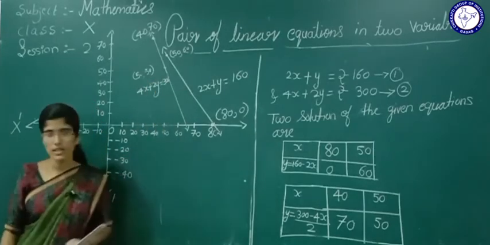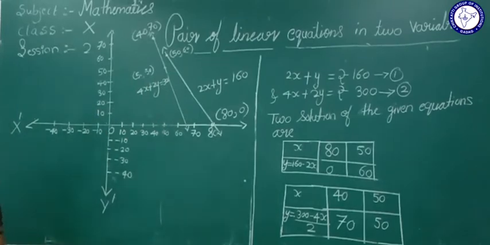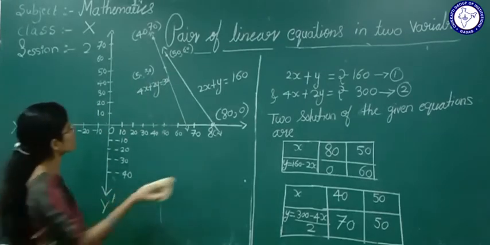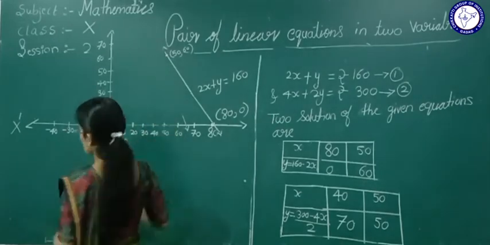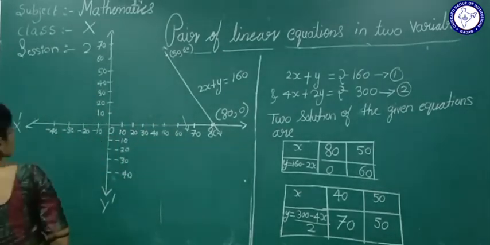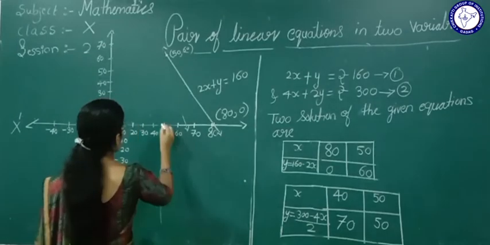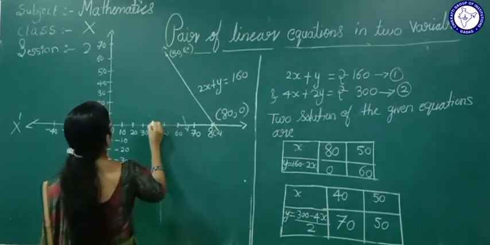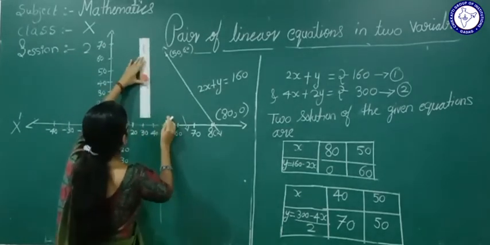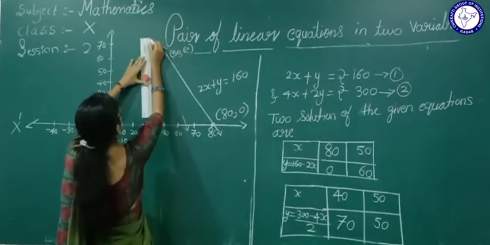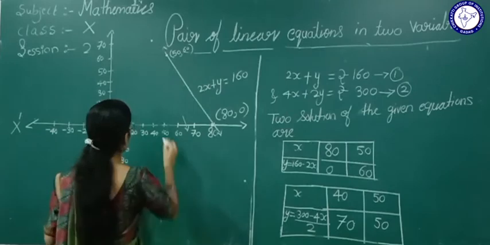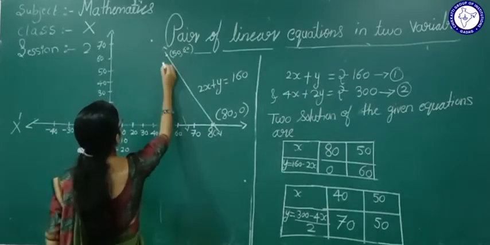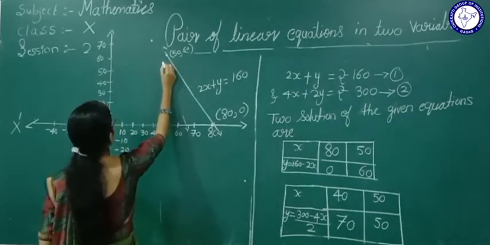So what can we tell from this? See here, when x value is 40, y value is 70. Okay. When x value is 50, y value is 50.